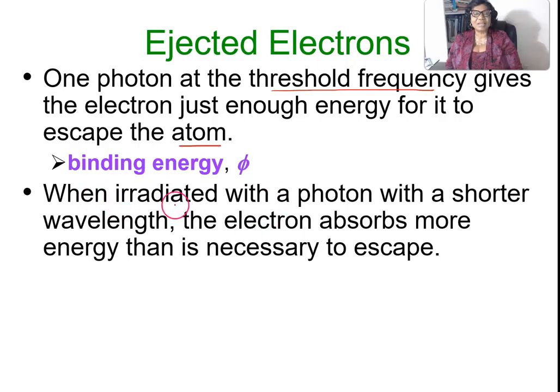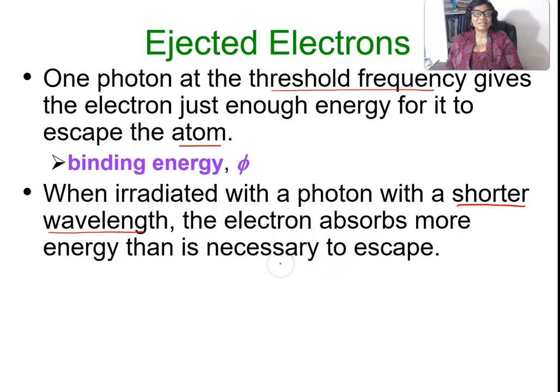So when irradiated with a photon with a shorter wavelength, it means it has more energy. The electron absorbs more energy than is necessary to escape.